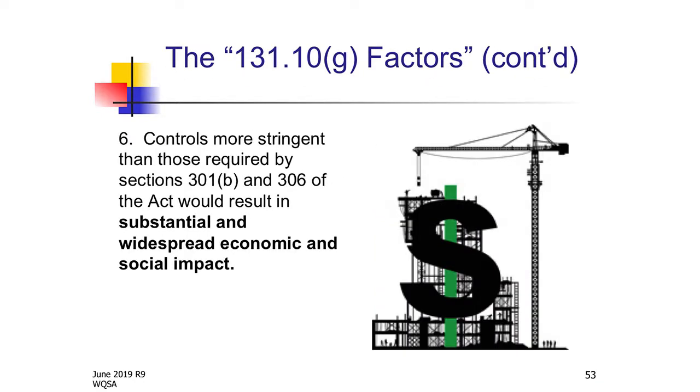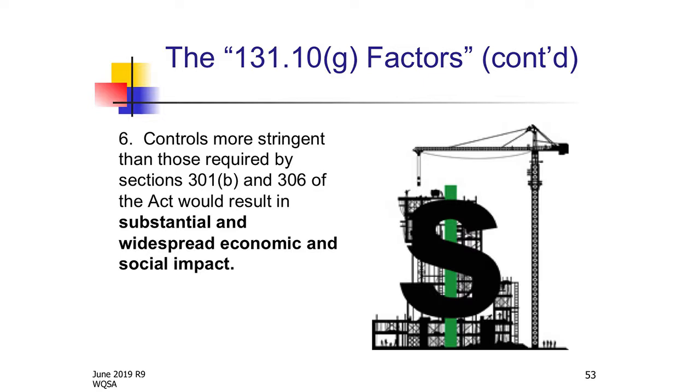And factor 6 is actually one of the more common rationales we get for doing UAAs or variances. Factor 6 says that substantial and widespread economic and social impact is what makes it not feasible to meet the use.